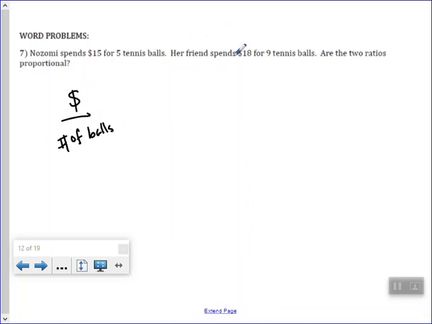Her friend spends $18 for 9 tennis balls. Are the two ratios proportional? Let's set up the equation. For Nozomi, $15 for 5 tennis balls, and her friend is $18 for 9 tennis balls. Are they equal? We don't know yet.